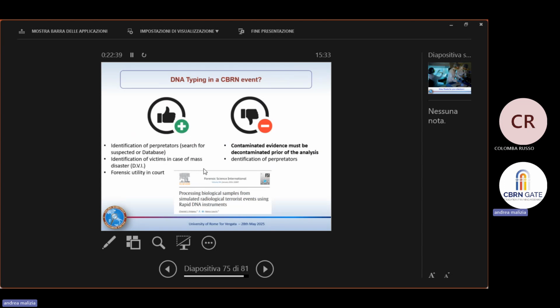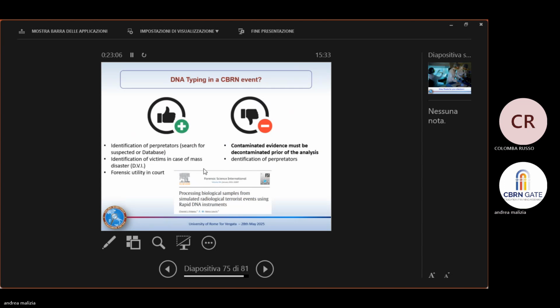But what about DNA typing in a CBRN event? The problem of a CBRN event and genetic investigation is that you can use forensic genetics for all the crime scene analysis only if you don't have contamination by CBRN materials.